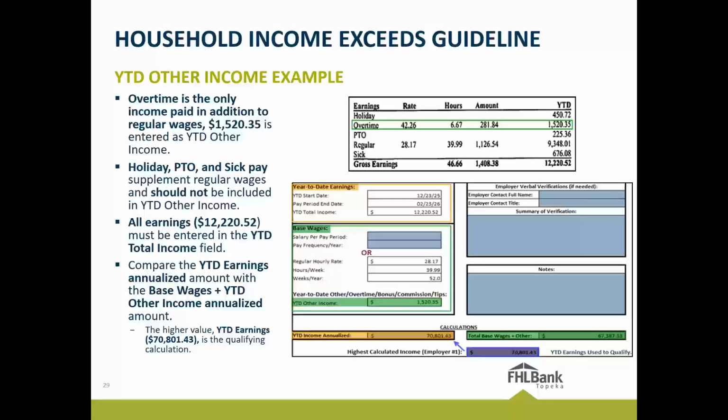When you're comparing the year-to-date earnings amount and the base wages plus the year-to-date other income annualized amount, the higher value is going to be taken for the income calculation. It's not doubling it.